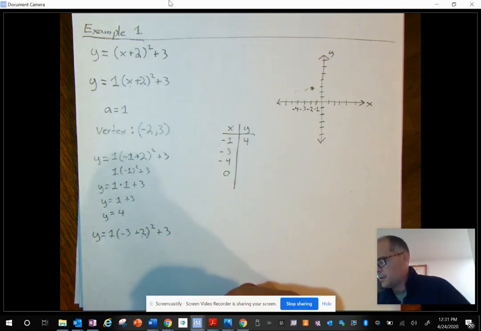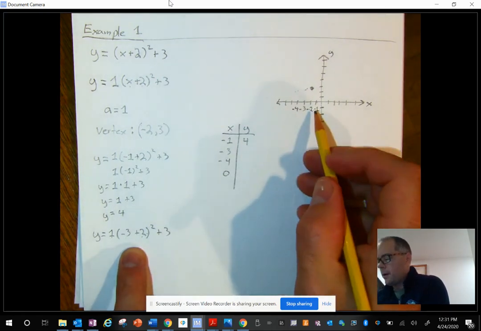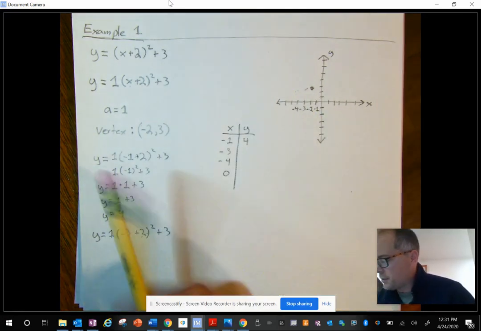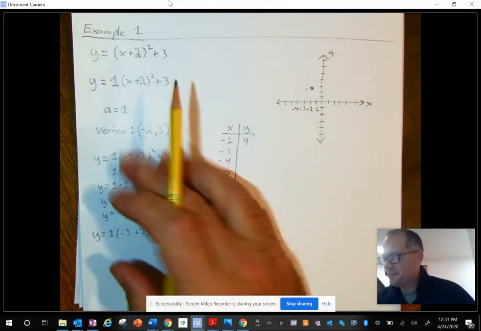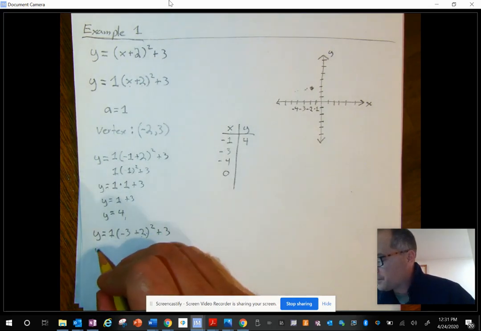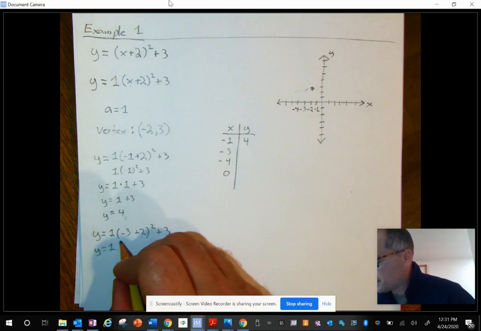Okay, so -3 plus 2. Let me see here. Oh yeah, -3 plus 2 is -1. Oh, this up here was a +1, sorry, that's where I made a little error. 1 squared is 1. It doesn't change the equation at all. So if I do the parentheses first, this is a -1.